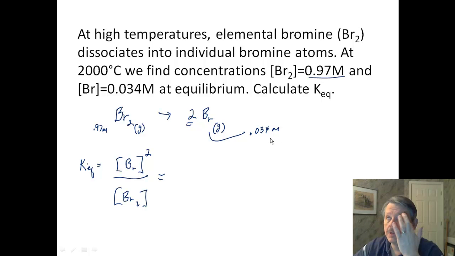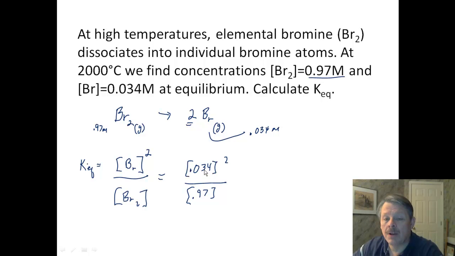Well, I notice I have two sig figs in my problem, so I'm going to end up with 2 in my answer. And let's see if I can just plug some numbers into here. I get 0.034 on top, and I have to square that number, and I have to divide by 0.97, because that's our concentration on the bottom.